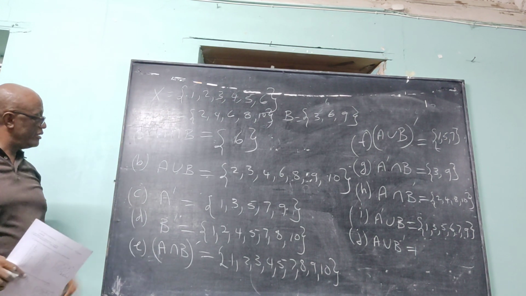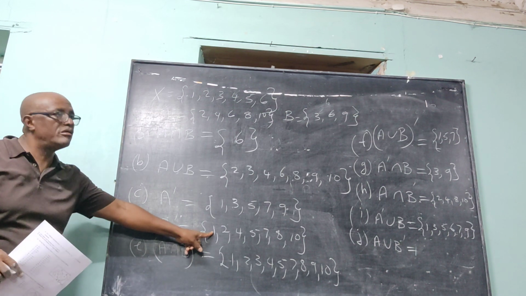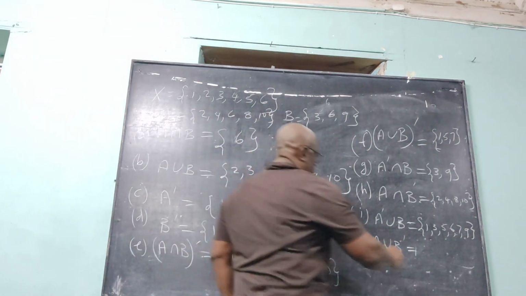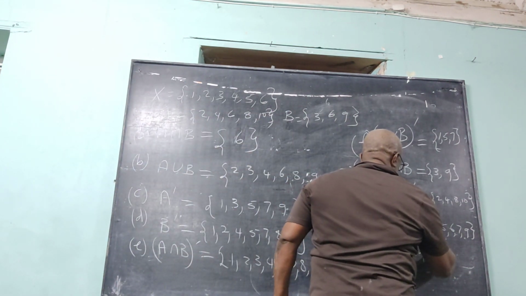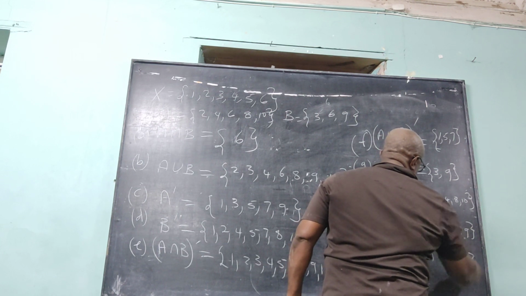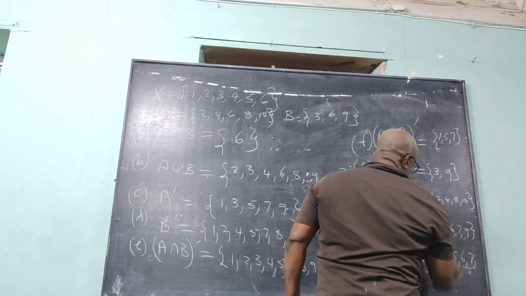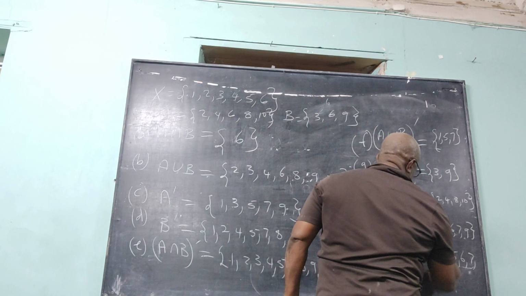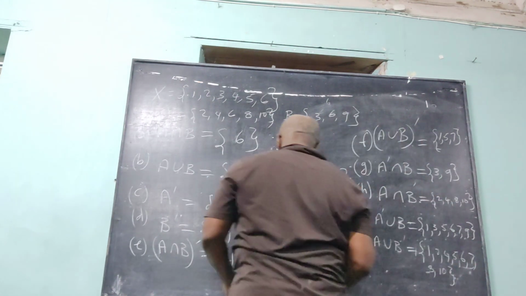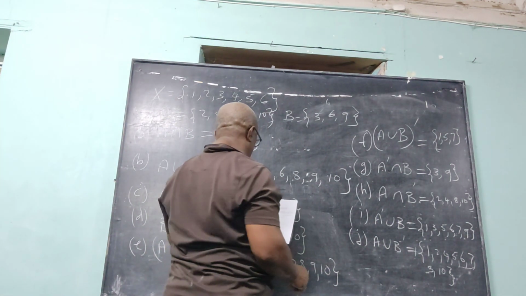So tell me. 1, 2, 4, 5, 6, 7, 8, 10. That's it? Alright.